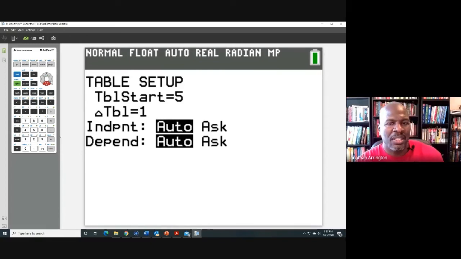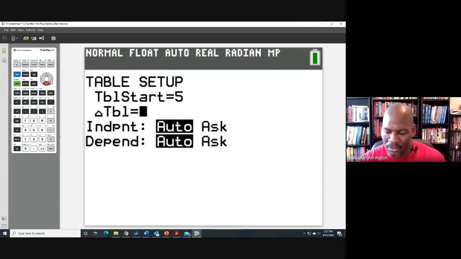The calculator doesn't even have enough space to display what you're saying, so it rounds everything, and you really don't get a good understanding of what's going on. For instance, I can make this delta table 0.000000000001. That's a very small value, but if I look at the table, I'm not going to get much from it.